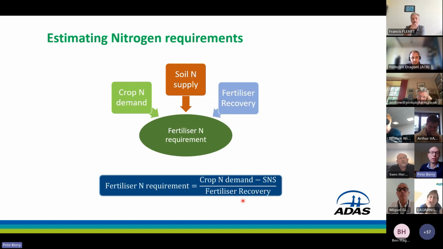So you can boil that down into this sort of equation here. And SNS is the soil nitrogen supply. In some ways, that's the most important thing, being able to measure that and estimate that using either direct measurements of the soil or lookup tables based on the previous crop and the soil type. So all those things come into calculating your fertilizer management.